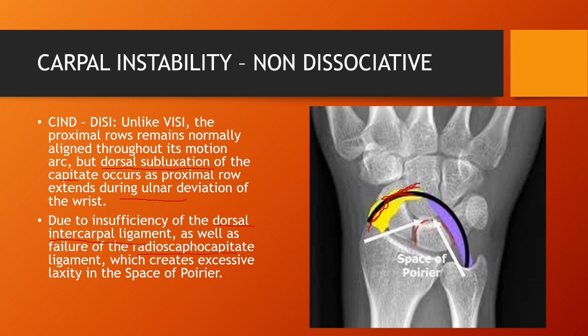Failure of this ligament creates excessive laxity at the capitate bone in a region known as the space of Poirier. So this laxity in the space of Poirier is what's going to allow dorsal subluxation of this capitate bone as the wrist reaches its extreme of ulnar deviation.